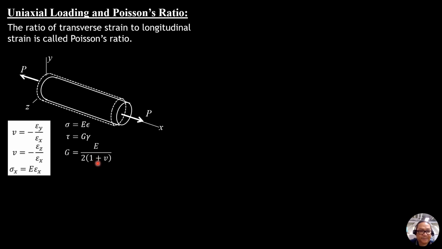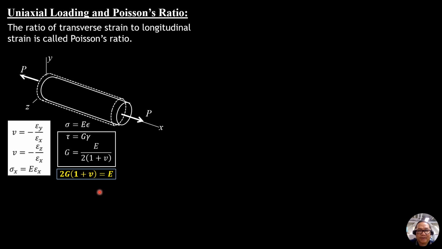The formula: 2G quantity 1 plus v equals E, so that you can read the formula as "2 give." So this is my suggestion, so that it's easy for you and us to memorize the relationship between the Young's modulus of elasticity and the shear modulus of elasticity.